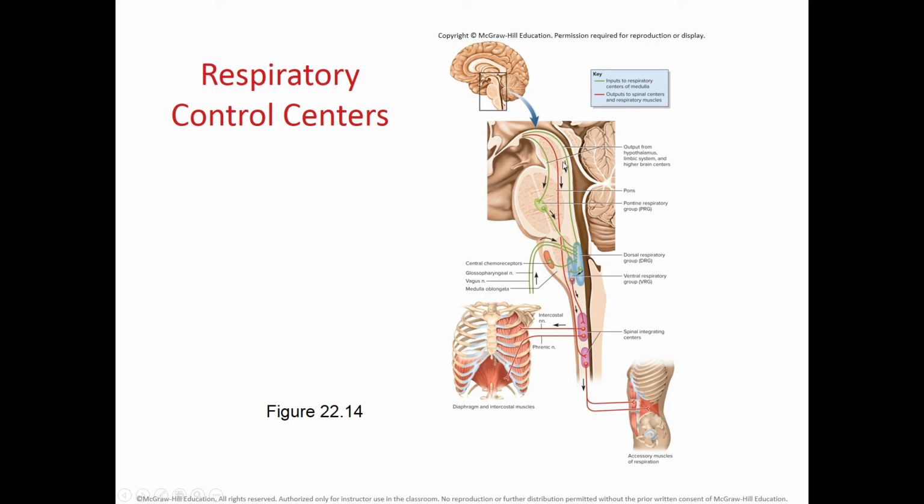And also, it is controlled by the limbic system. So you can have emotional response controlling your rate of respiration, or also by high centers within the cerebral cortex. And then your PRG can control this DRG and the VRG.